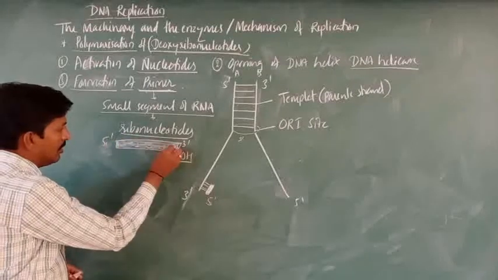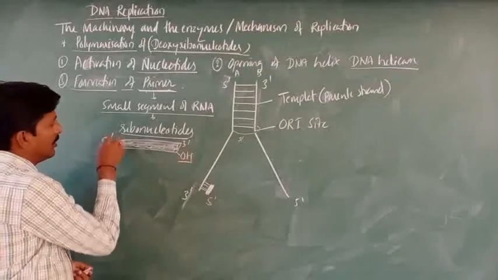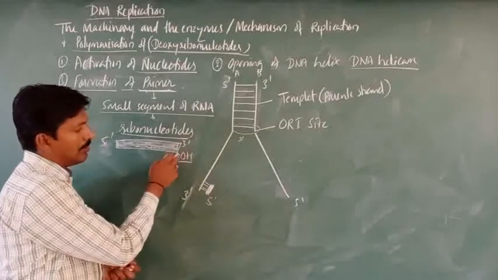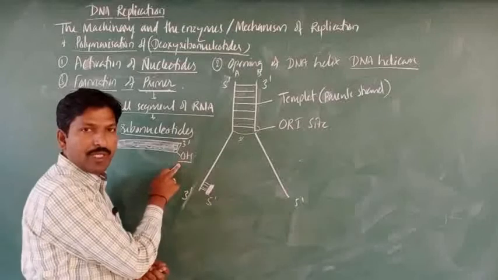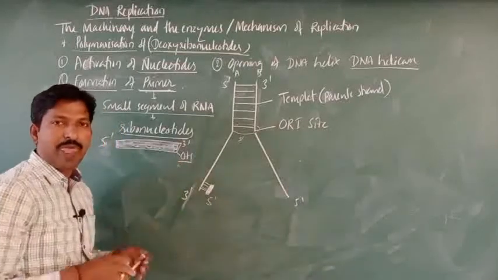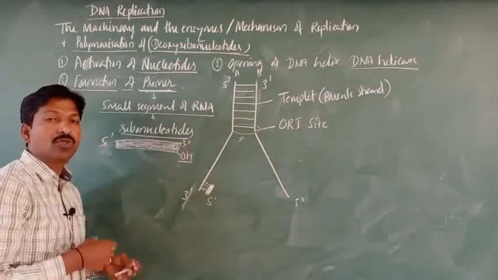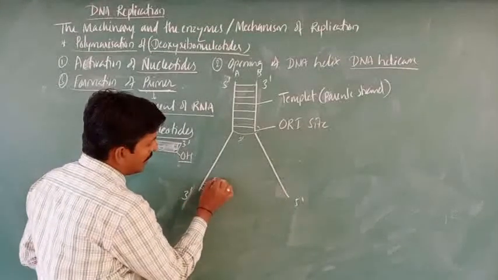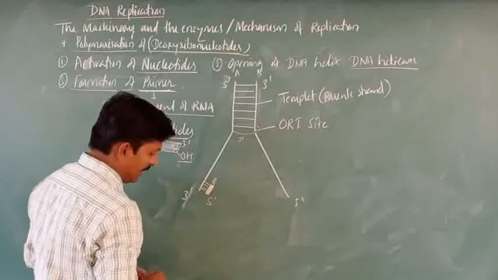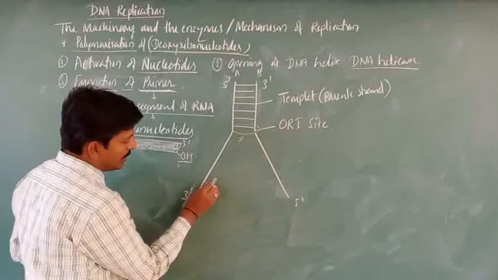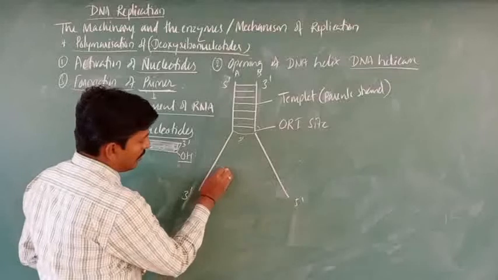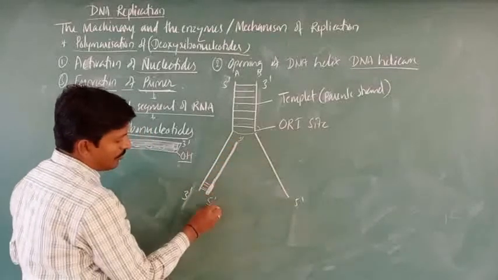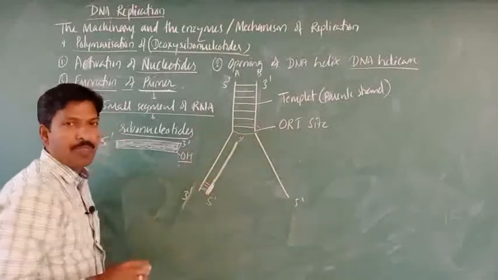This is the fifth end, and this is the third prime. At the third carbon atom the OH is open, which helps to join the other nucleotides, the deoxyribonucleotides. Then deoxyribonucleotides are added like this, which makes a continuous strand, formed from the fifth prime to the third prime, right.